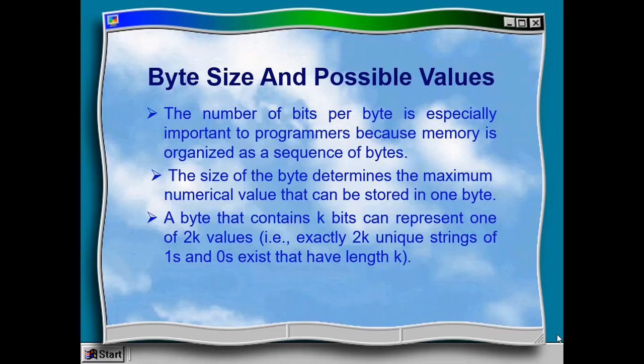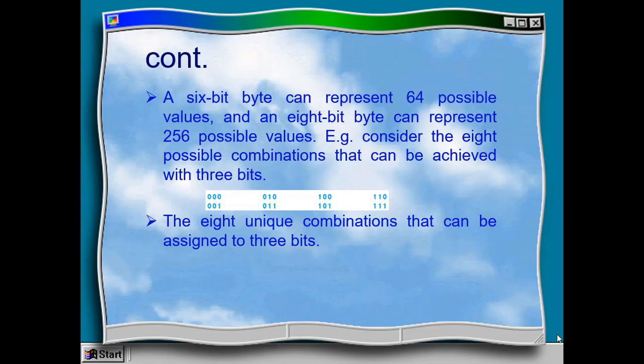So we can consider the possible combinations that can be achieved with 3 bits, and this should be the illustration. 6 bits can represent 64 possible values.